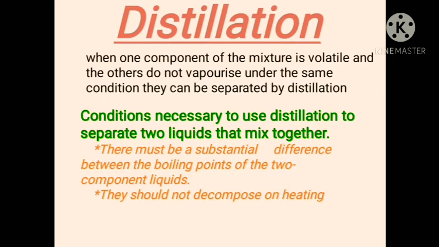There must be a substantial difference between the boiling points of the two component liquids. You know that the boiling point of water is 100 degrees Celsius, the temperature at which it boils. Similarly, a mixture boils at its own boiling point.